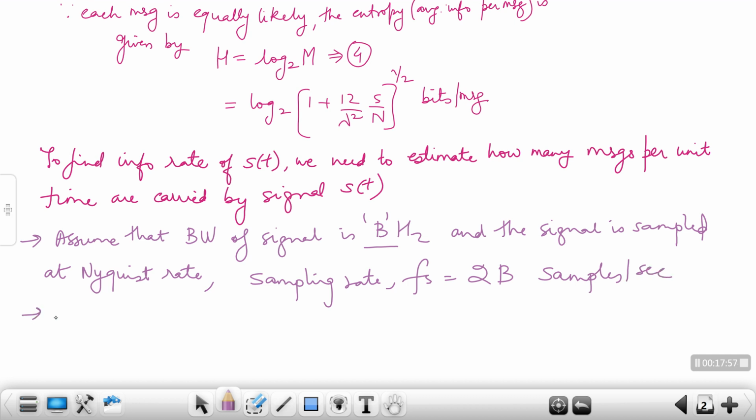Now each sample here is rounded to the nearest level. So we are doing quantization here.